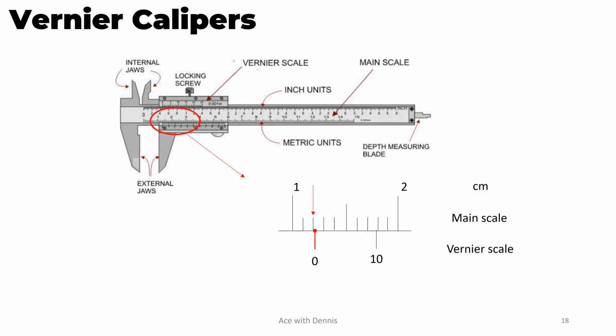It appears at the 1.2 cm mark on the main scale, and we go and check which marking on the vernier scale coincides with a marking on the main scale. So for this case, the third marking of the vernier scale coincides with the marking on the main scale. Hence, the reading is 1.23.